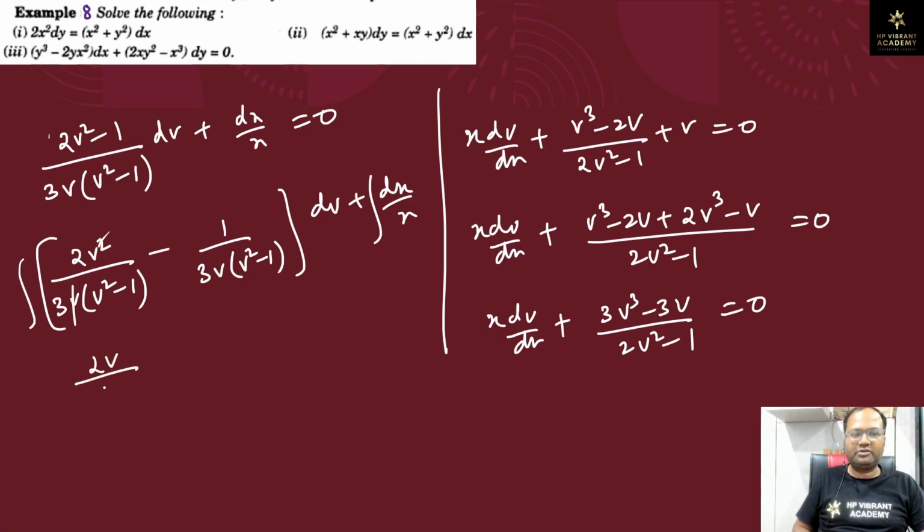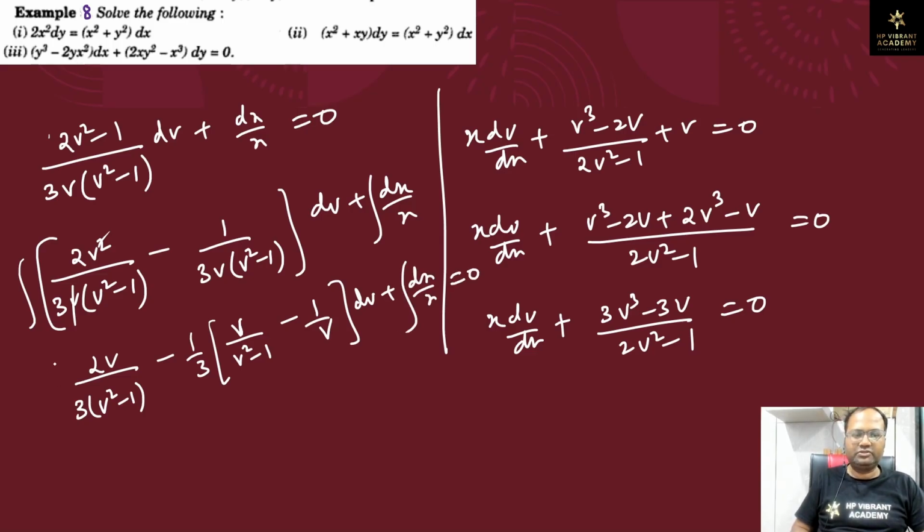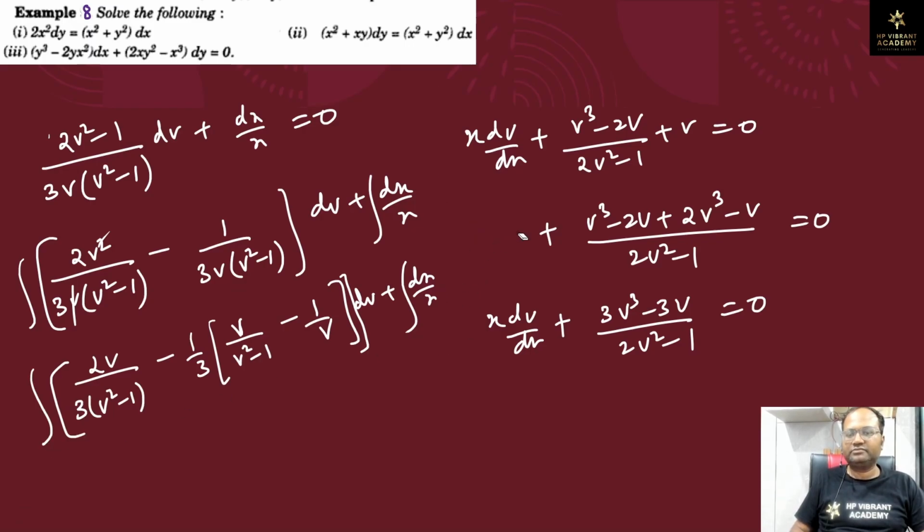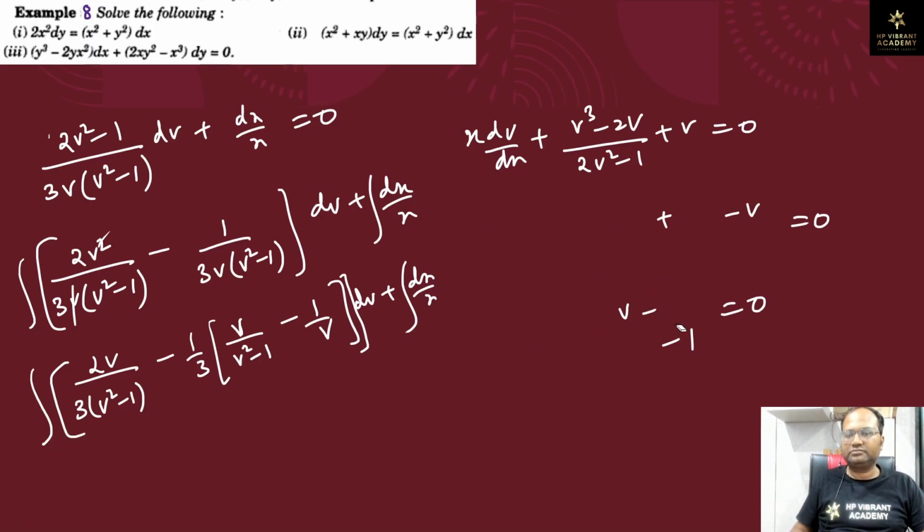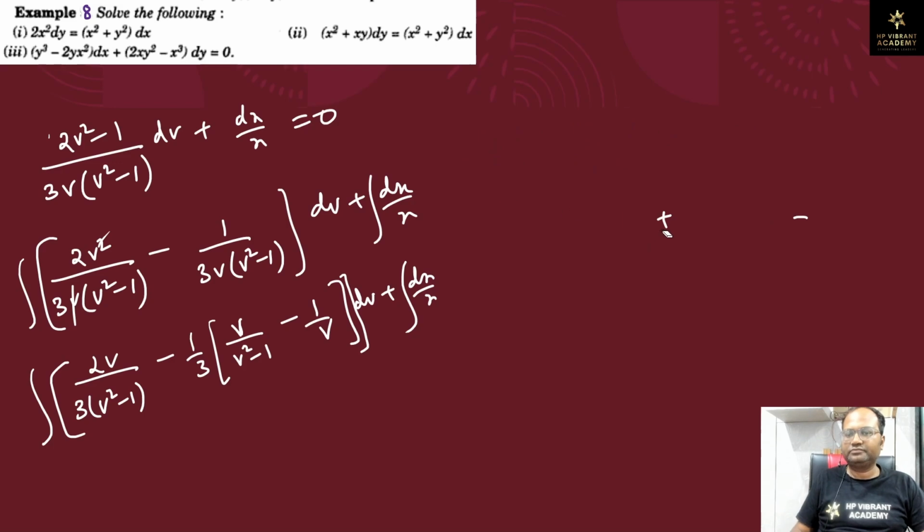So we have 2v upon 3 (v square minus 1) minus 1 upon 3, which we can write as 1 upon v square minus 1, v upon v square minus 1 minus 1 upon v, okay, dv plus dx upon x integration is equal to 0. Let us further simplify this.